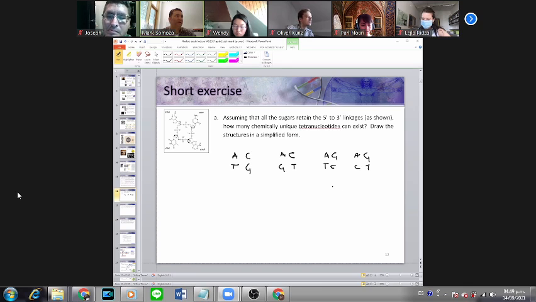So A, T, C, G, and A, T, G, C. Right? Does it seem like a reasonable way to do this? So the arrows are always the same in this case.